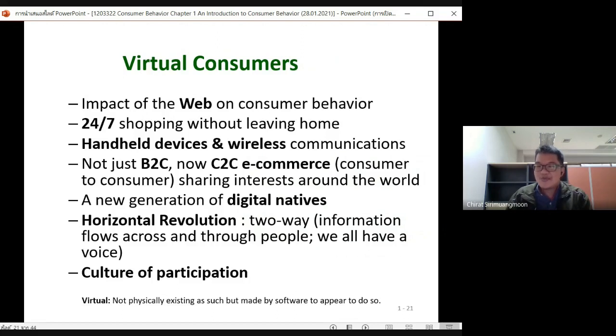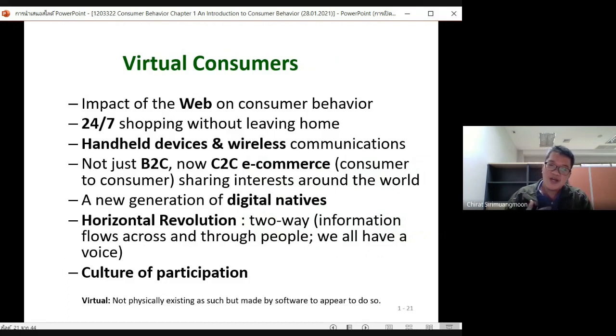So you can shop 24/7. You can use a wireless device, you can use the mobile phone to purchase the product. And it's not just the organization selling the product to you, but for now, you can do business with each other.